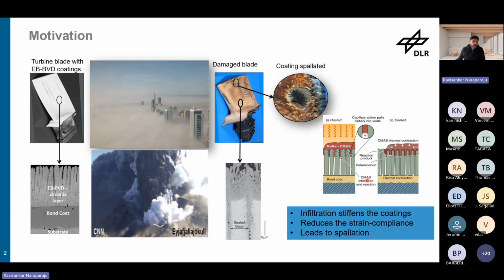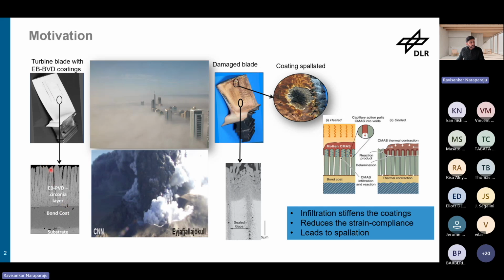As you can see, there were a lot of studies all over the world to understand this, and mainly they understood that this is a typical capillarity issue. If you have molten CMAS and these columnar gaps, which are schematically shown here, then once the CMAS melts, due to capillarity it will just go down. But in a real atmosphere you have a thermal gradient, because the hot gases create a higher temperature here, and due to the thermal barrier coating and cooling you have a very low temperature here.